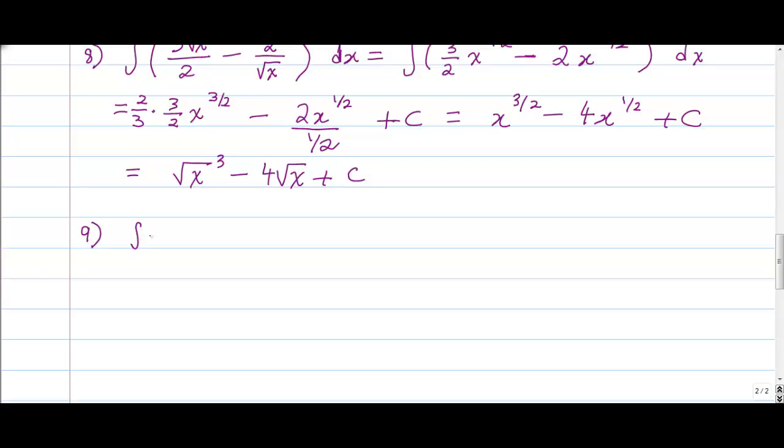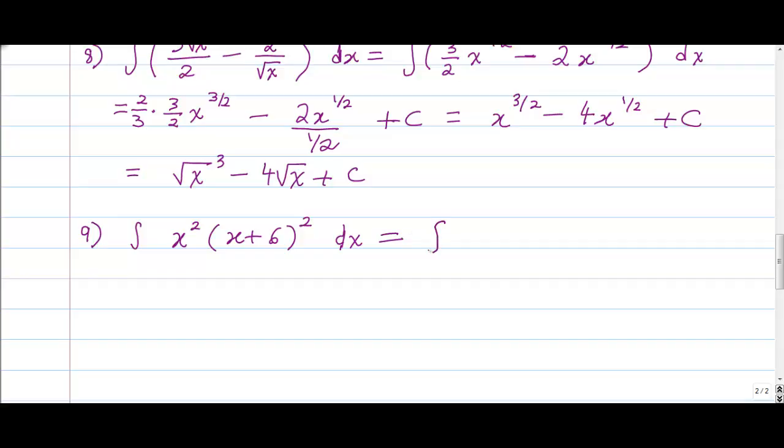Alright, let's look at another example. The integral of x squared times x plus 6 squared dx. So here we have a product. Remember when we took derivatives, we had the product rule for derivatives? Well, we don't have anything like that for integrals.